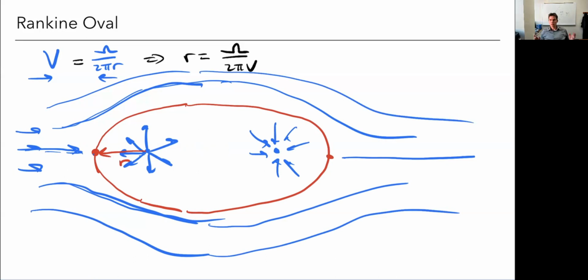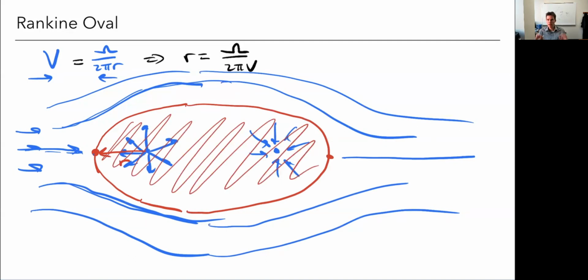The upshot is this, though. If I had replaced this oval with a solid body, an inviscid solid body that was this exact same shape, and I just stuck it in, then I get the flow field that occurs around the shape, because this dividing streamline gives me the stagnation point, and it gives me the no inflow streamline around that body.